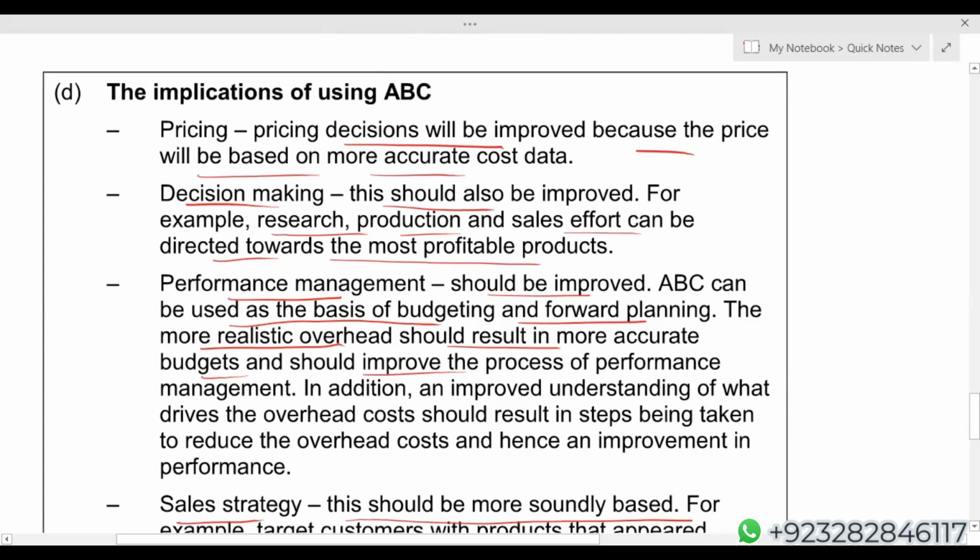So this first question gives you a really good understanding of how to deal with ABC questions, but don't worry at all. In the next class, we are going to discuss a number of ABC questions. Slowly and gradually, you will have a really good command of this topic.